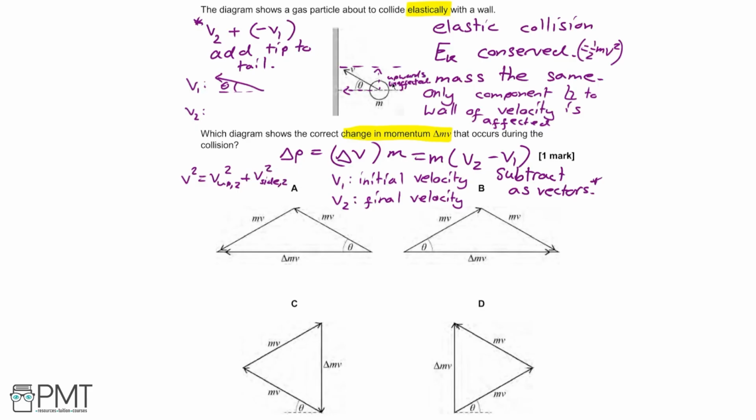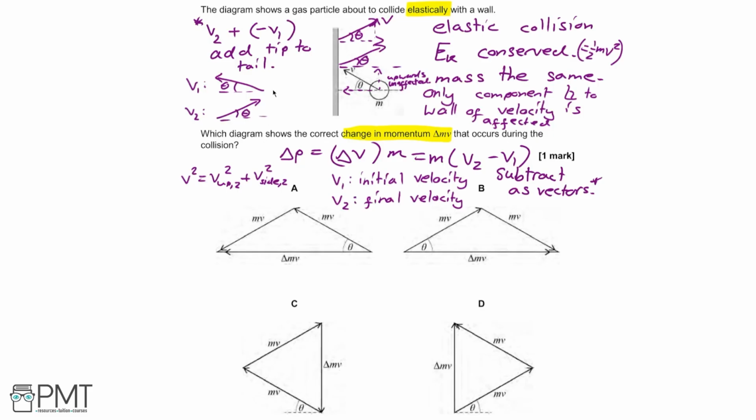Now, the upwards component is unaffected, as we said earlier, so that just leaves the sideways component. But we know that the size of the sideways component, in terms of its magnitude, also has to be unchanged in order to give the same v squared at the end. Therefore, we know that the sideways component has to have the same size. Putting this all together then, if I were to denote arrows that talk about the upwards and sideways component, they would look like that, where this is at an angle theta and has a magnitude of v. Therefore, we can write this out like this. So therefore, if I want to write down v2, it's going to look like this.